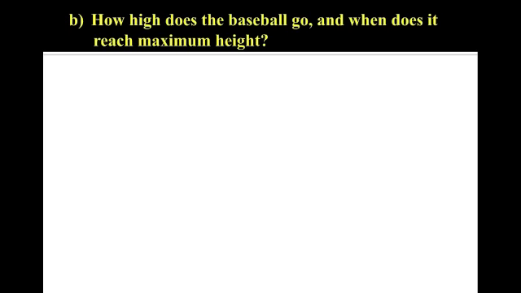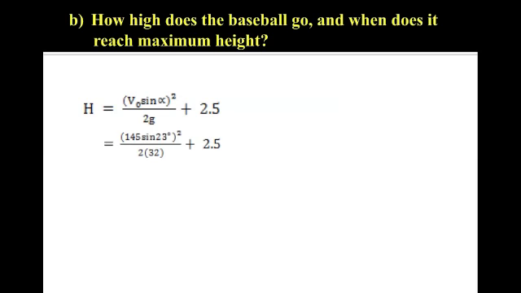So for part B, how high does the baseball go and when does it reach maximum height? For this, we could use the formula given, which is (v naught sine alpha) squared over 2g. But in this case, we have to add 2.5 because the ball is struck at 2.5 feet above the ground.